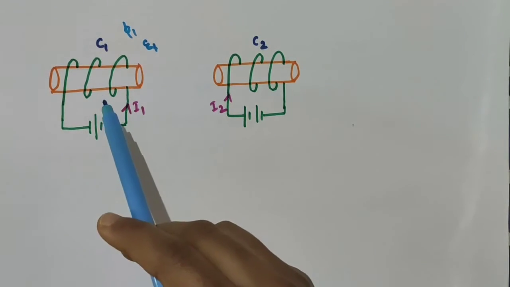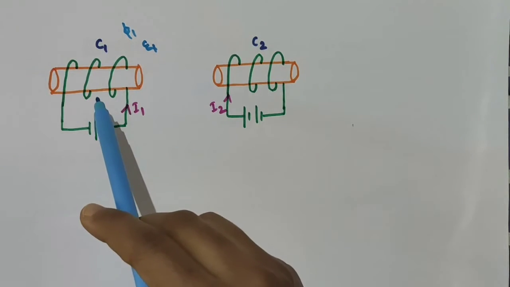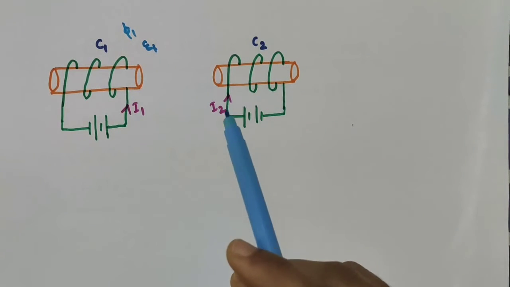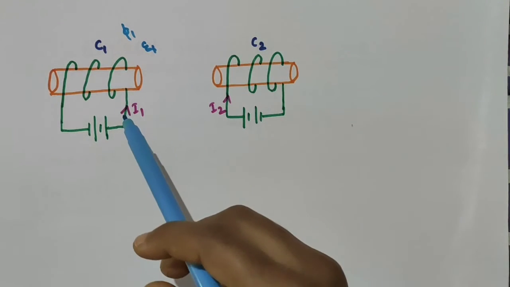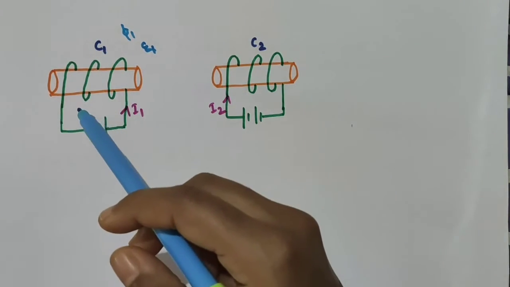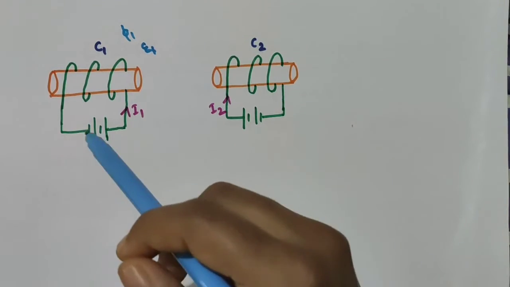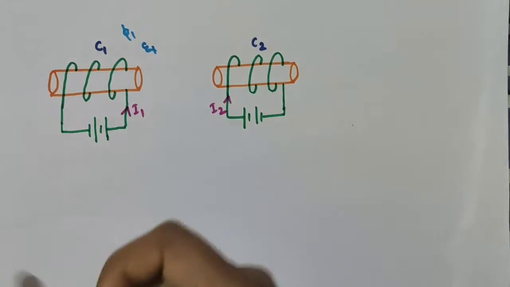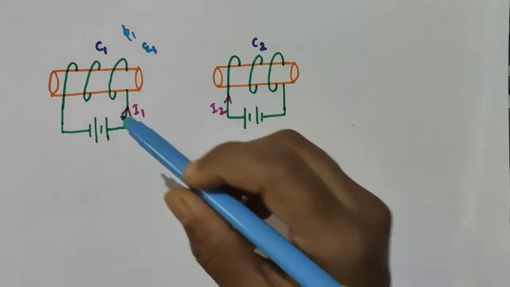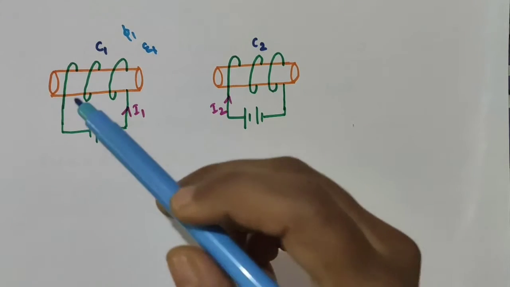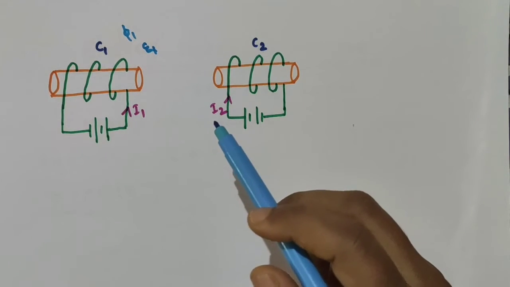So coil C1 is linked with the magnetic flux produced due to the current I2 flowing through C2, as well as the flux due to the current I1 flowing through C1 itself. So the total flux linked with this coil C1 is the sum of these two fluxes.